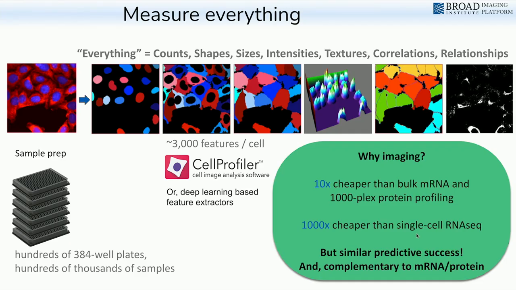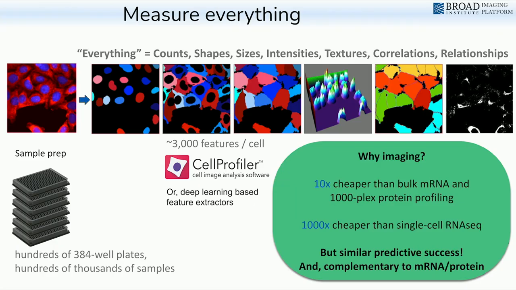All image data is typically produced at single cell resolution, and so it allows dramatically larger experiments, which of course allows dramatically larger discoveries. Because the predictive success of this data type is actually quite similar to mRNA profiling. We've done a number of experiments where they're kind of neck and neck, and often the data is complementary.